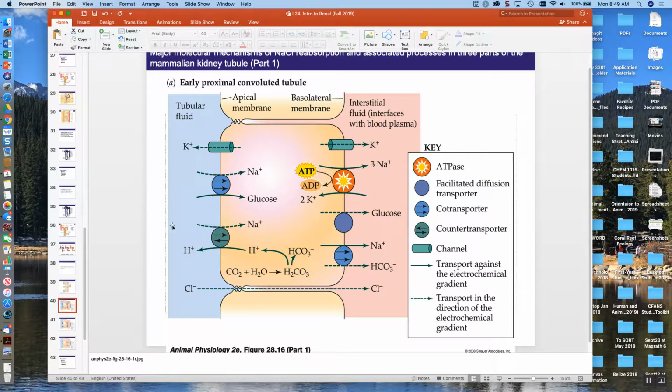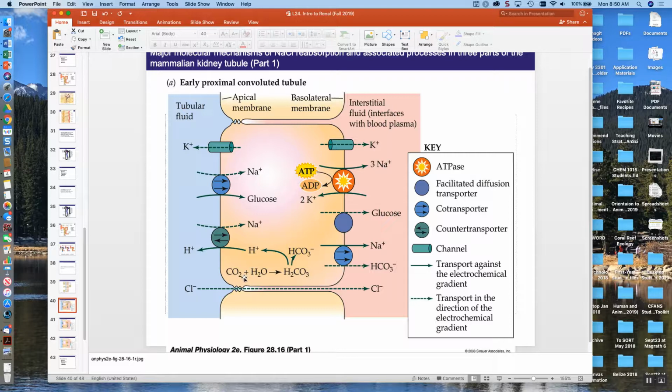All right, so let's talk about bicarbonate here. You can actually see on the apical side as well, the sodium proton exchanger. But we haven't really talked about this equation yet. You're going to see this from here on out over and over again.